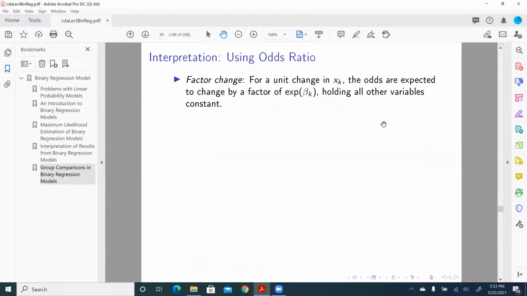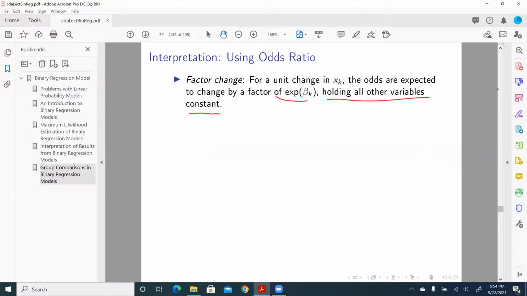And we can use different ways to interpret that odds ratio coefficient. A lot of times we use factor change. So we say, for a unit change in xk, here I use a generic variable xk, the odds are expected to change by a factor of e raised to the power of beta k, again for generic variable xk, holding all other variables constant.